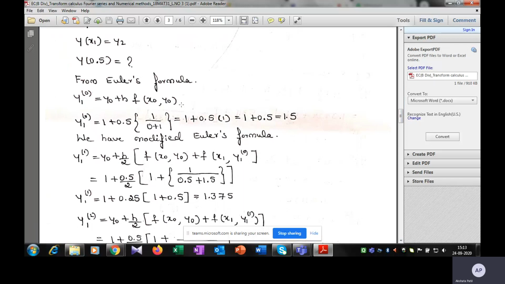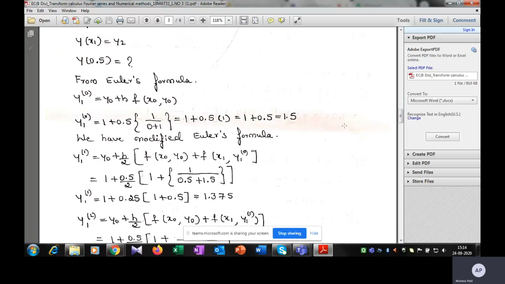Okay, f of x0 comma y0 we already calculated above, that value is 1 here. So simplified we will get 1 plus 0.5 into 1, that is 0.5. So 1 plus 0.5 is 1.5. So y1 of initial approximation value is 1.5 here. So the accuracy of this value is very poor in this formula, which we need to improve to the desired degree of accuracy by using modified Euler's formula.